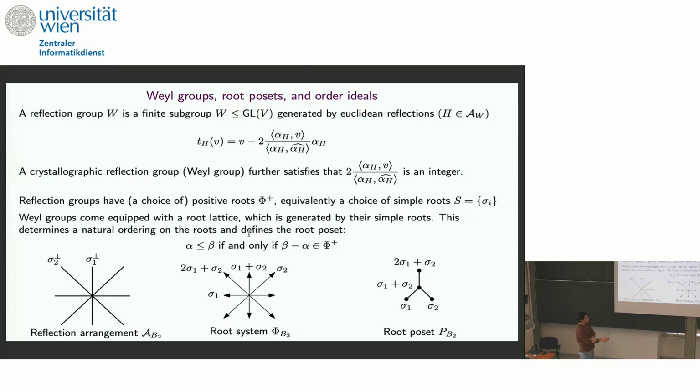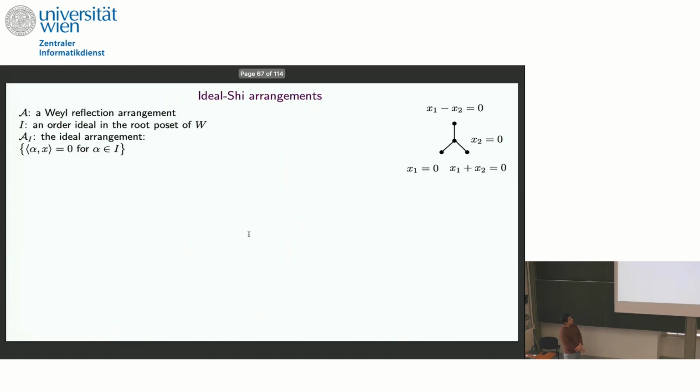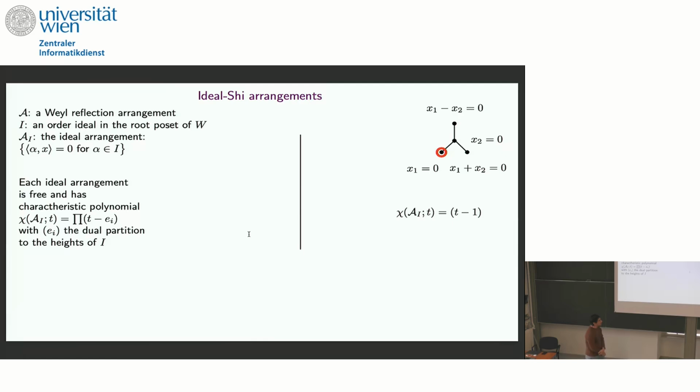So here I start with sigma 1 and sigma 2, and sigma 1 plus sigma 2 is on top of it, and 2 sigma 1 plus sigma 2 is on top of that one. Now this is the root poset in the Weyl group. This is one of the best representatives for non-nesting partitions, because anti-chains here, or equivalently order ideals here, correspond to non-nesting objects.